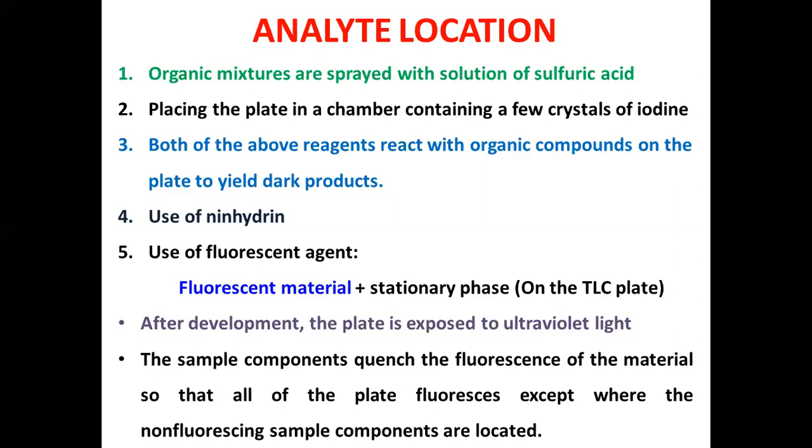That solute will move faster. Whatever solute has greater affinity towards the stationary phase will remain at the spot itself. And during the elution process, the solutes in between these two extremes will have their own differential migration.